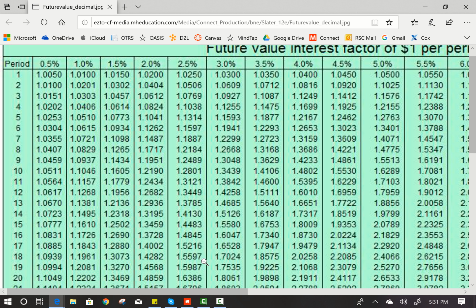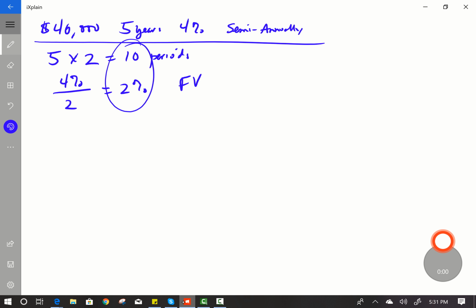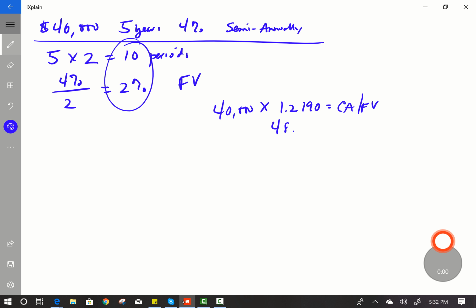1.2190. And so we'll just go ahead and take the $40,000 and multiply that times the corresponding factor of 10 periods and 2%, which is 1.2190. And that will equal the compounded amount, or the future value, of $48,760.